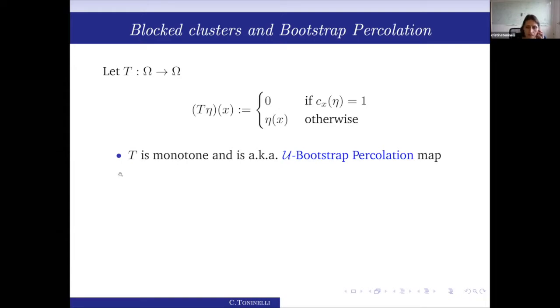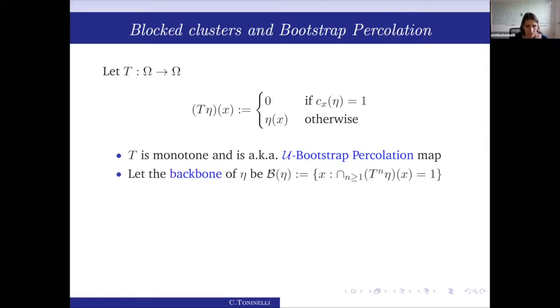So this map is a monotone map, which is also known as the Bootstrap Percolation Map. So this is the link with Bootstrap Percolation, which is coming. And it's monotone because, you see, I can only empty sites via this map. I cannot fill them. If a site is filled, it can be emptied if the constraint is satisfied. If it is already empty, it stays empty because I can never fill sites which are empty.